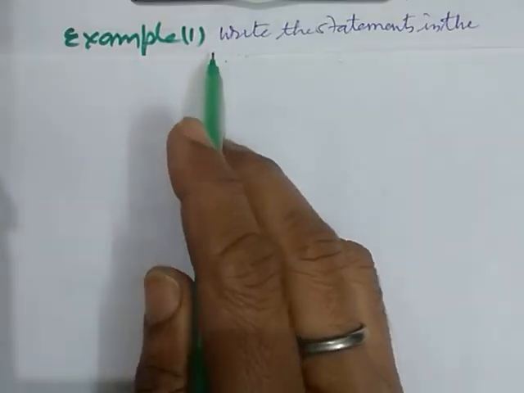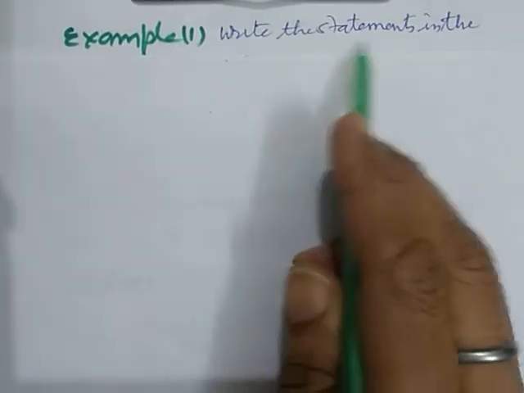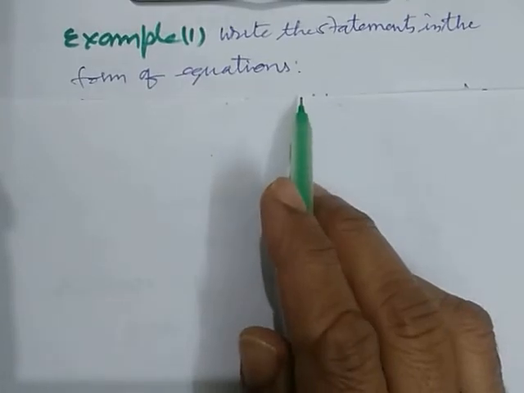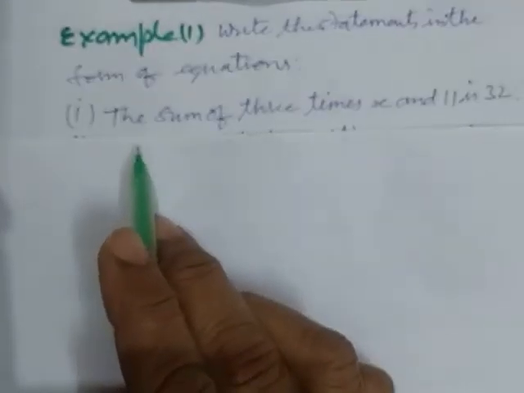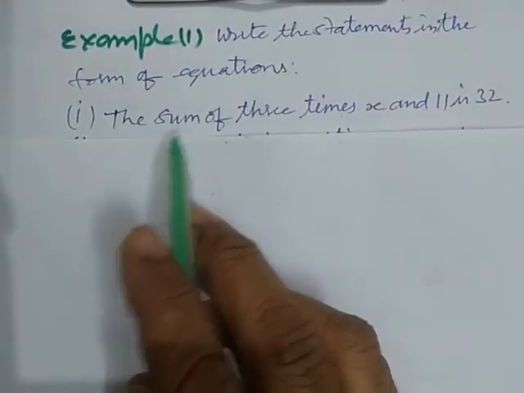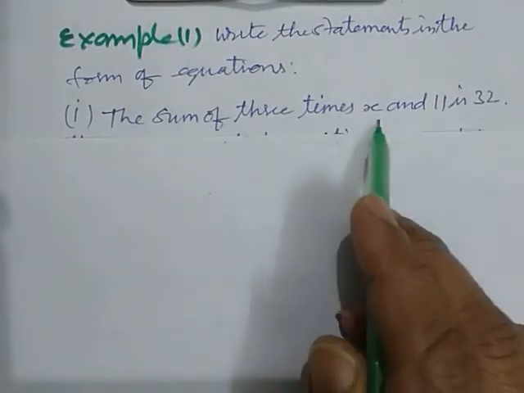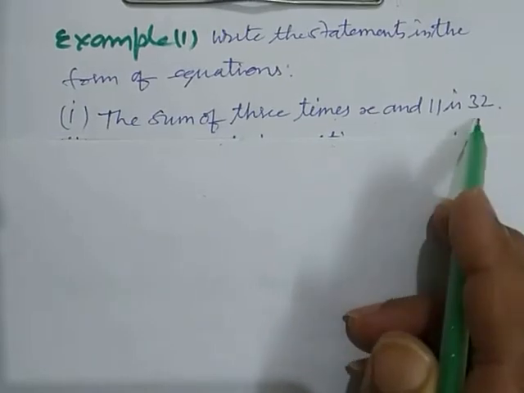Now we take an example. Write the statements in the form of equations. The first statement: the sum of 3 times x and 11 is 32.